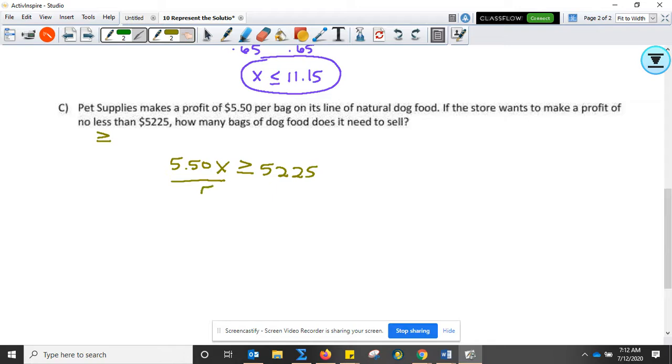So I'm going to divide by 5.50. What we do to one side, we do to the other. And we end up with x is greater than or equal to 950 bags. Okay, it needs to sell at least 950 bags, but they would like to make money. So I would say more.